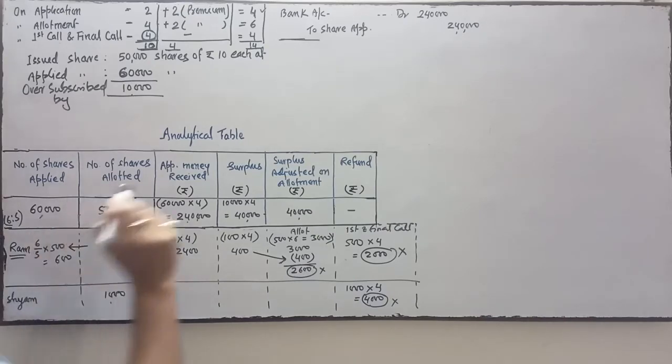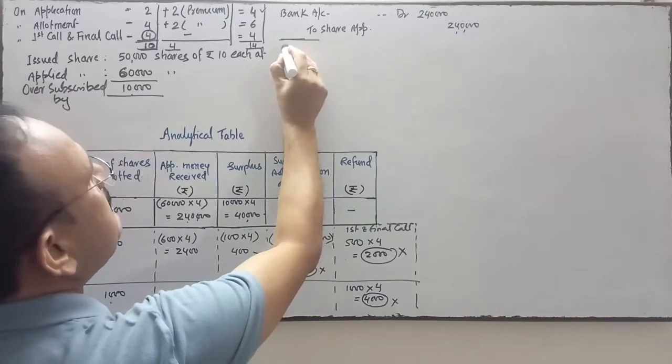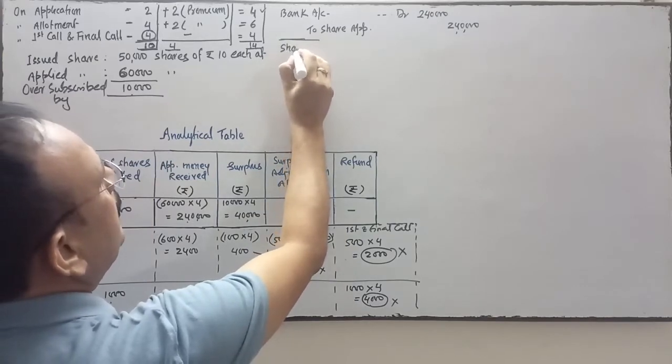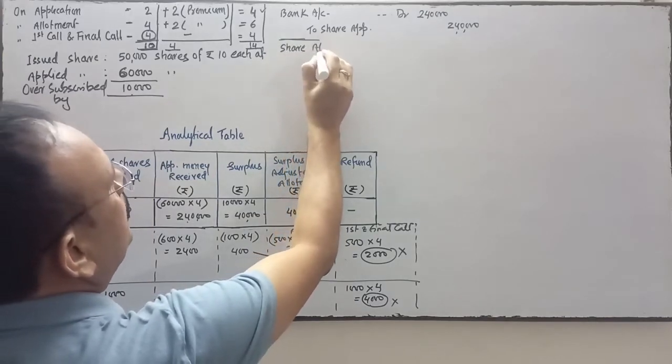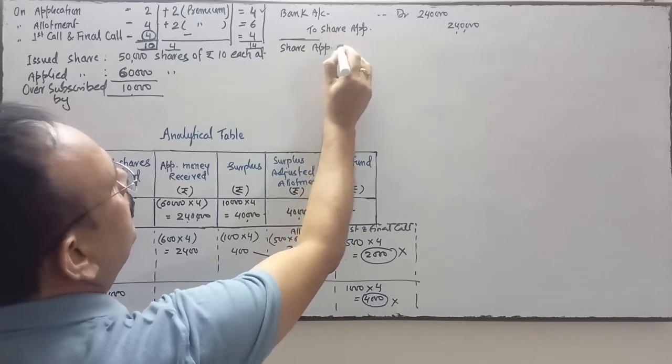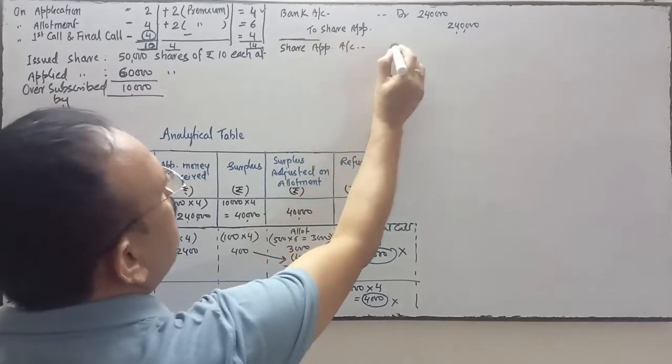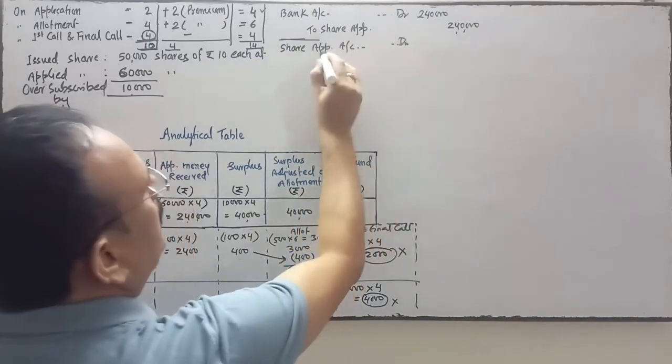Second entry is share application account debit. I have written the word application in short.